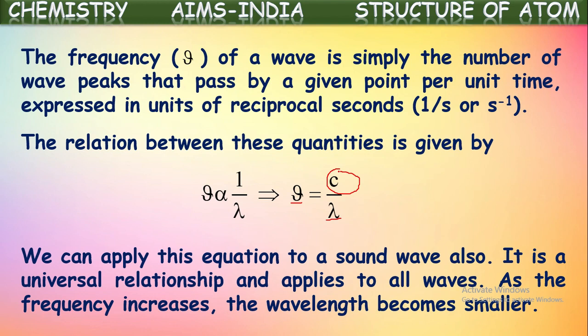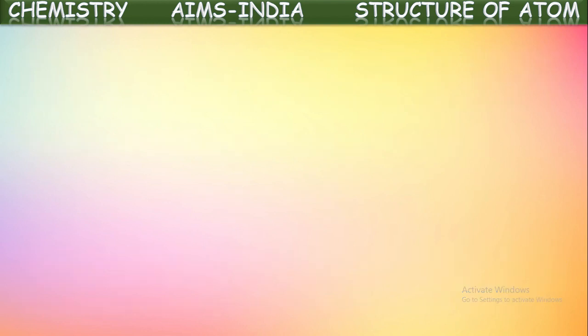This can be applied to all types of waves which have wavelength and frequency. As the frequency increases, wavelength becomes smaller, since frequency and wavelength are inversely proportional to one another. If frequency increases, wavelength decreases, and vice versa. So this relation can be applied to all kinds of waves.